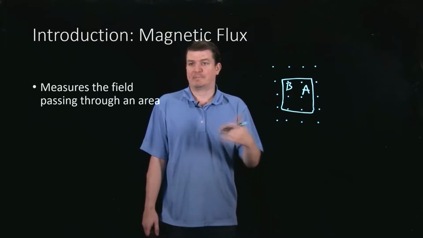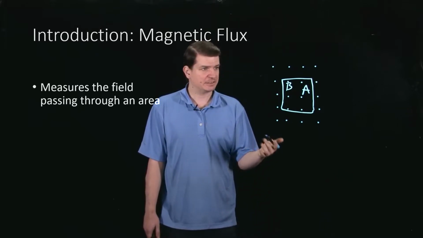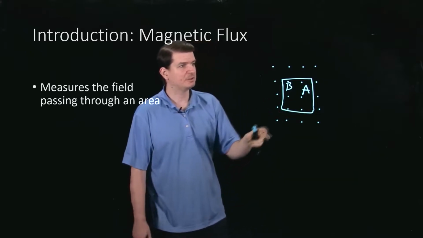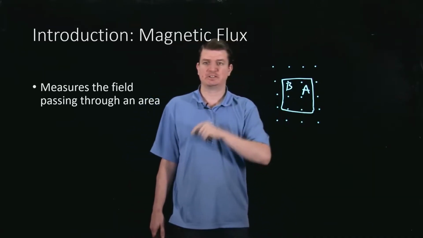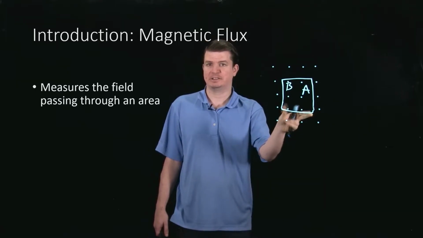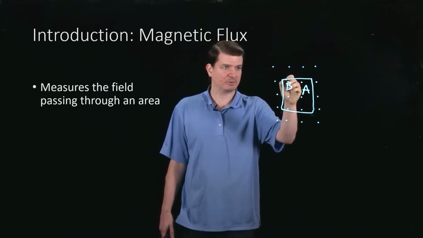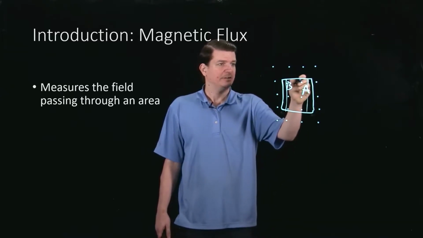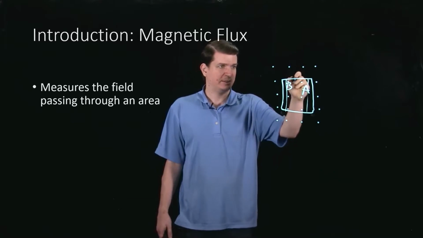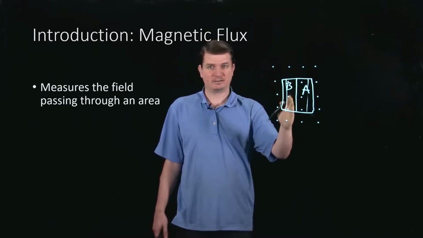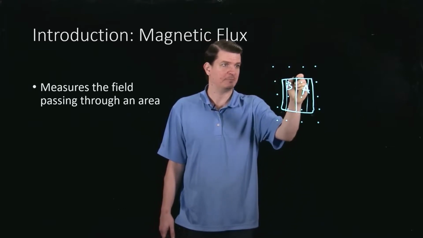Now, it turns out, of course, that this gets a little bit more interesting. As I rotate this, the field that actually passes through is going to change, because even though the shape is a square, as I rotate it, it starts looking more and more like a rectangle. And if I rotate it exactly 90 degrees, it now looks like a single line through here.